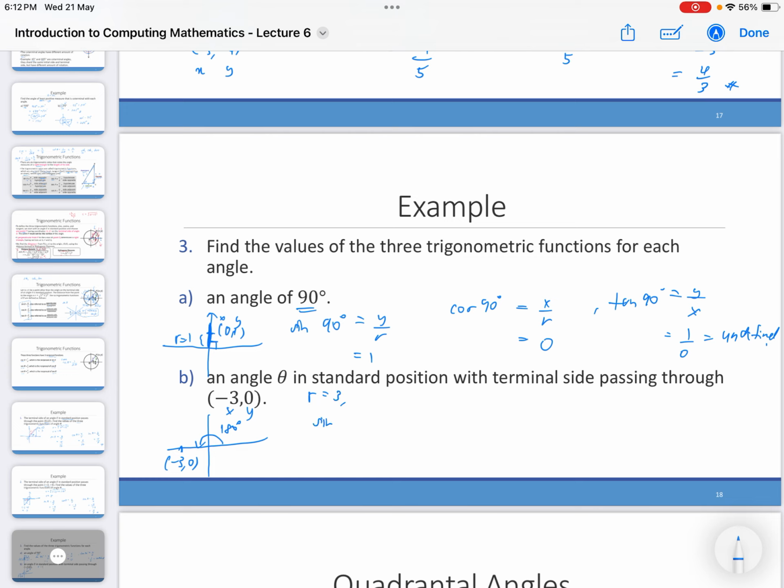So we can find sine 180, which equals y over r, which equals 0. And then cos 180 degrees equals x over r, which is -3 over 3, equal to -1. And then tangent 180 degrees equals y over x, so 0 divided by -3, which equals 0.